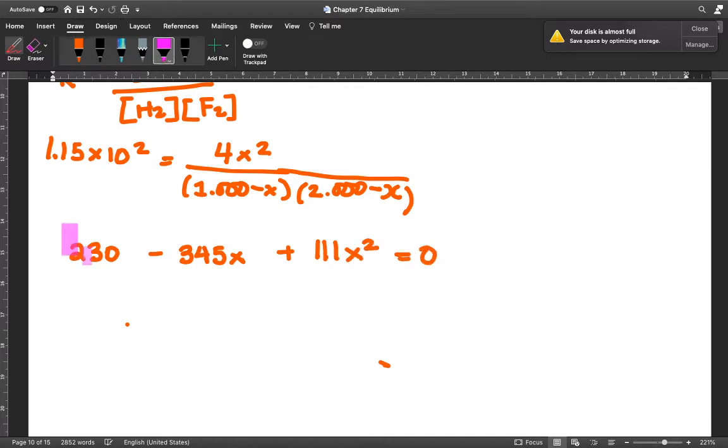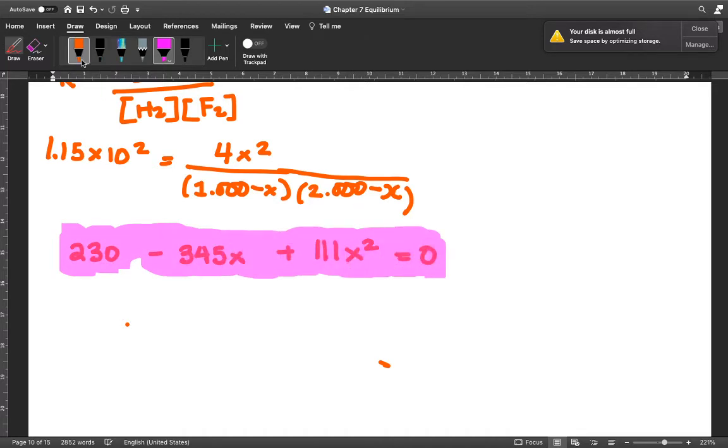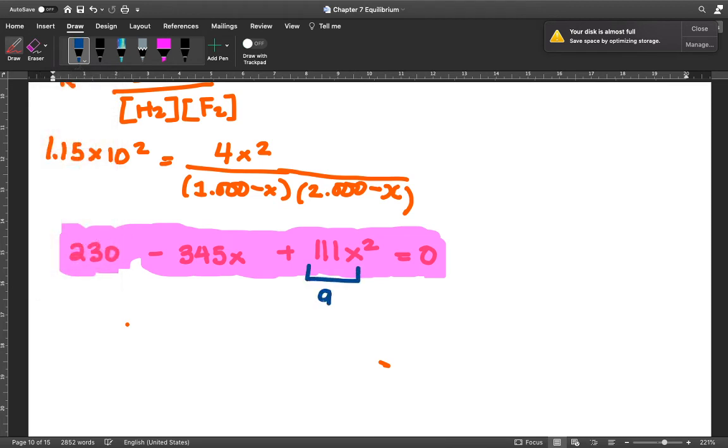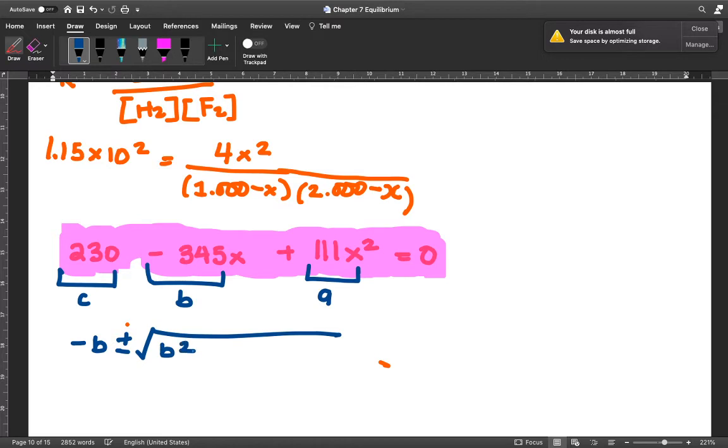And because we're so familiar with our quadratic equation format, we should already know that this is A, this is B, and this is C. Knowing that, we can plug it into our quadratic equation, negative b plus or minus square root of b squared minus 4ac over 2a. And when I solve for x, I'm going to get two different values.